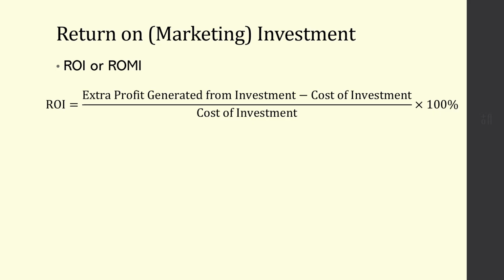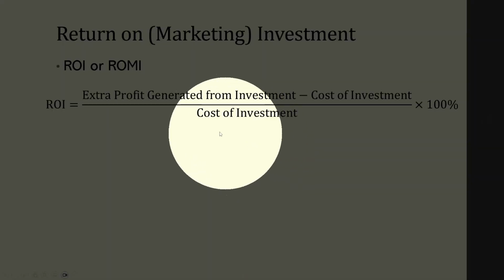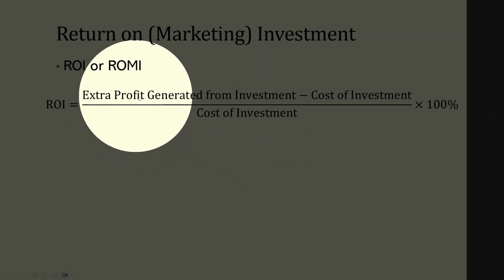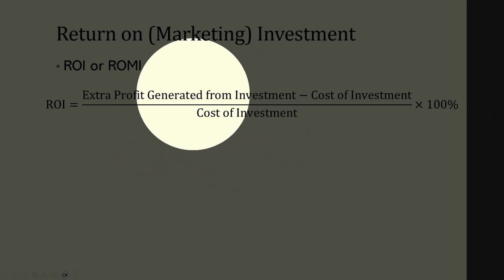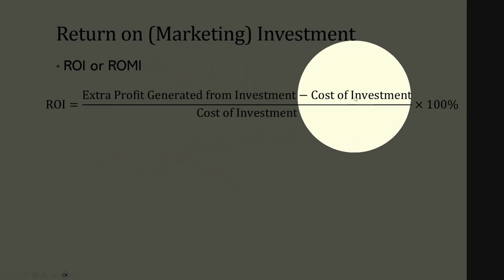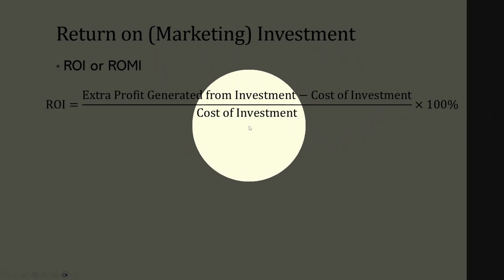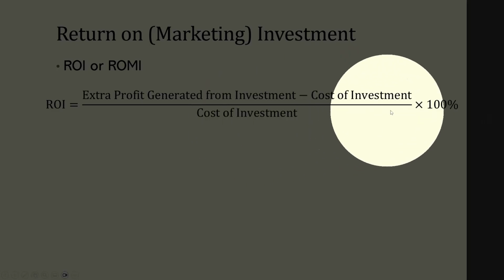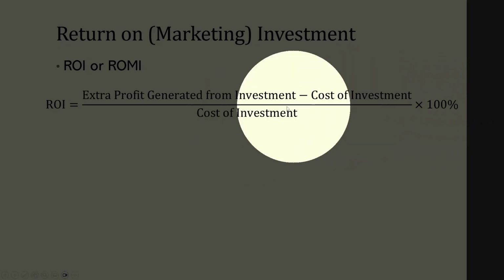The second metric is return on investment or return on marketing investment. These are usually abbreviated as ROI or ROMI. So the calculation here is that it's the actual profit generated from the investment minus the cost of the investment divided by the investment, and then times 100%.